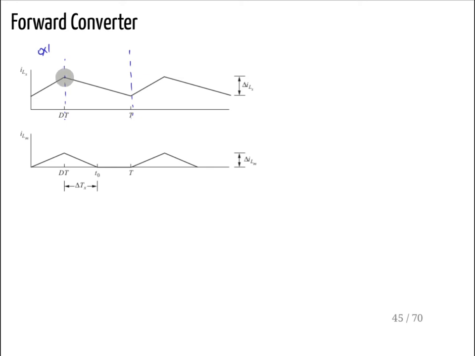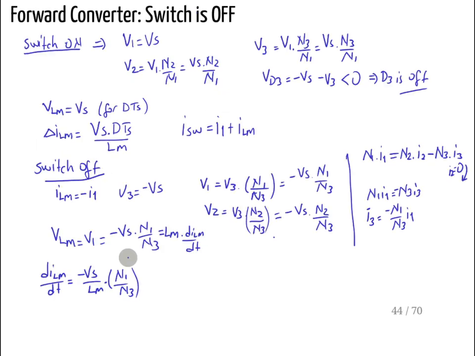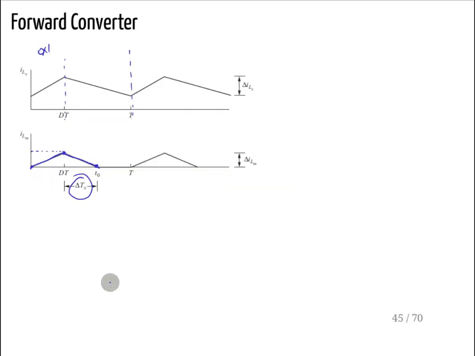In the off period it is discharging, starting from here, and then it needs to come back to the same point. I want to discharge it completely, so I need to calculate how quick that is going to discharge. I can calculate the maximum current, and by using that I can also calculate how much time it's going to take to discharge.